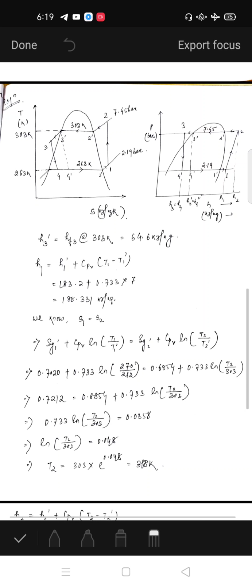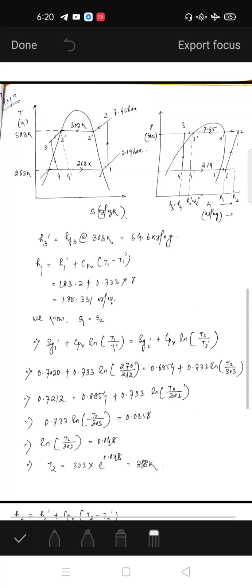Sg1 dash, just see the table at 263 Kelvin, you have to take the vapor entropy, that is 0.7020, and Cpv is given as 0.733. The temperature at 1 is not given, but the degree of superheat is 7 degrees centigrade. As the lower temperature is 263, the temperature at 1 will be 270.